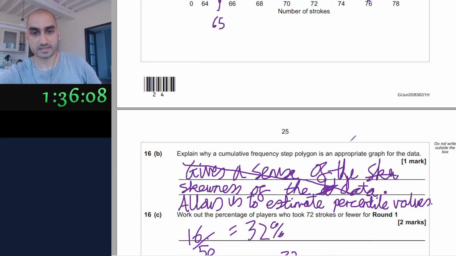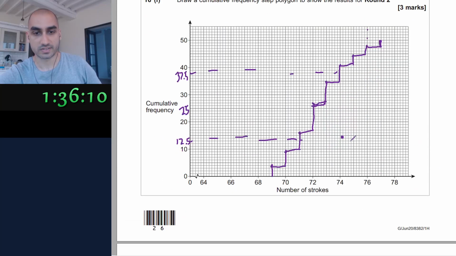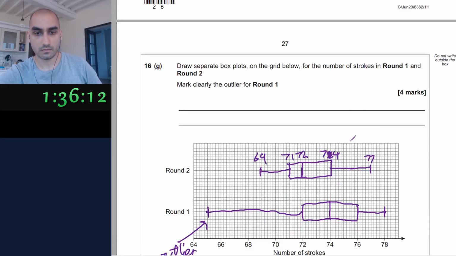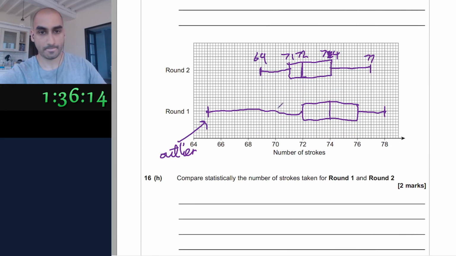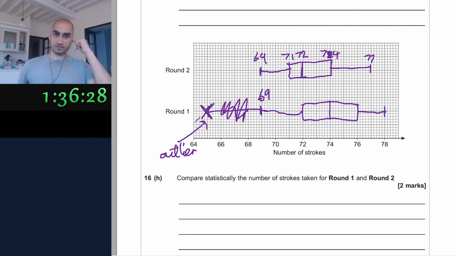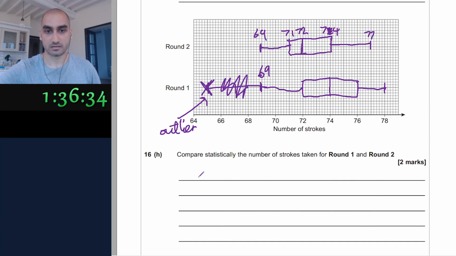We end up starting at 69. I think that's what they want us to do. So really, if we're discarding the outlier, and just put a cross there, the outlier. All right, that looks better. That makes it pretty clear then.